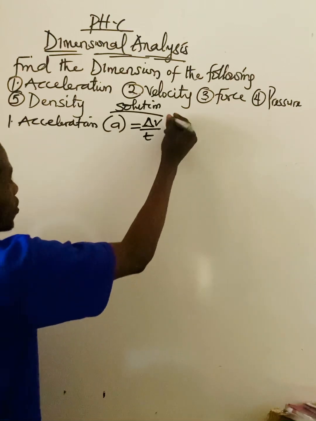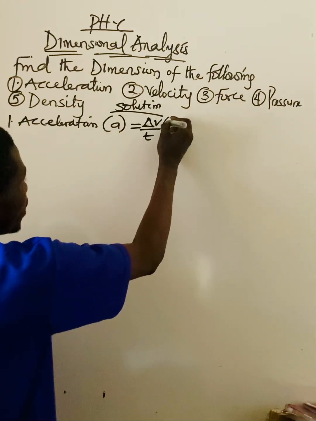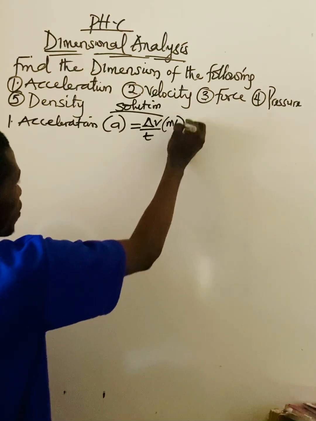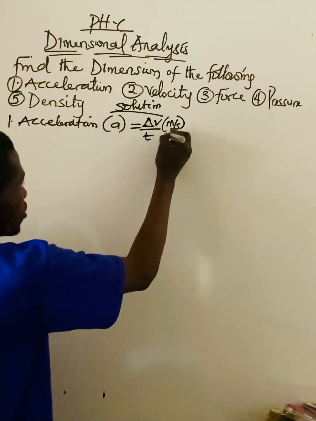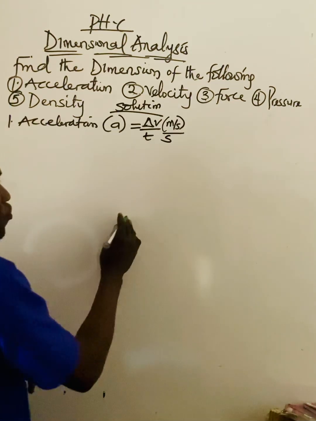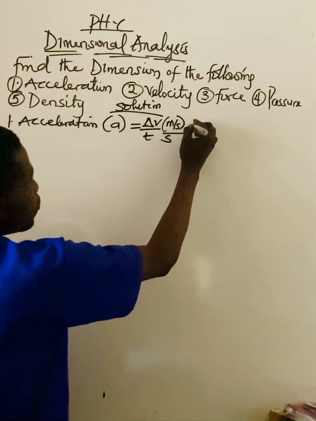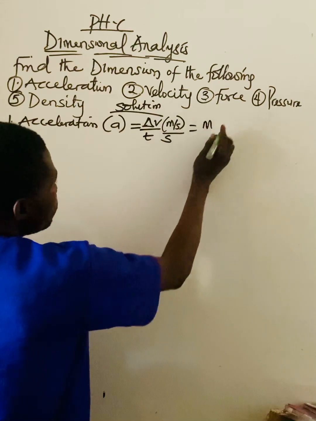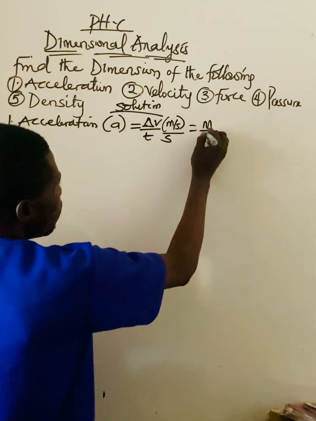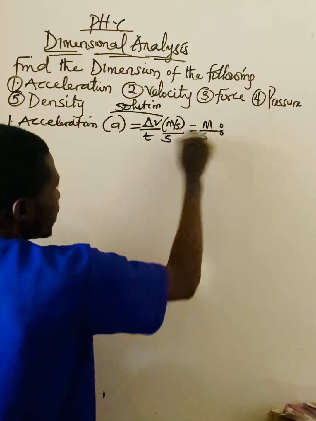Now, velocity is measured in meter per second, and time is measured in seconds. So looking at this, we have m over s, then divided by s.